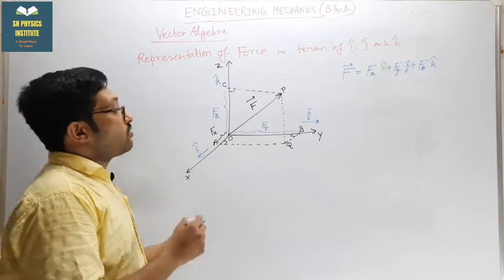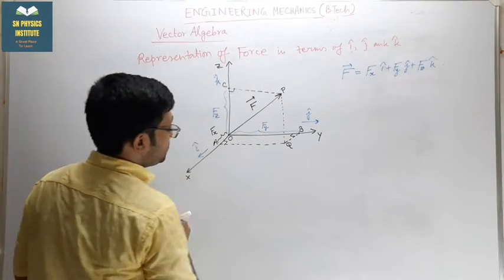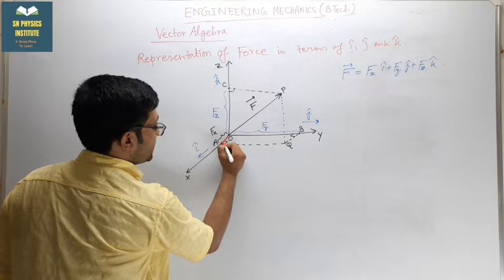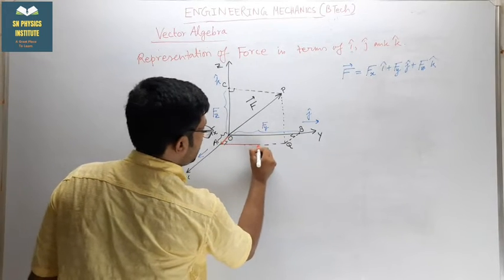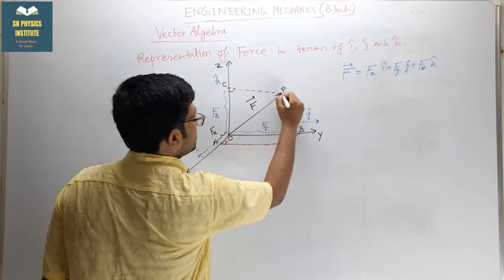So how can you represent it this way? Try to understand how you can prove this. From O to A, consider this a vector. From here to here, consider another vector, and from Q to P, I consider this vector.